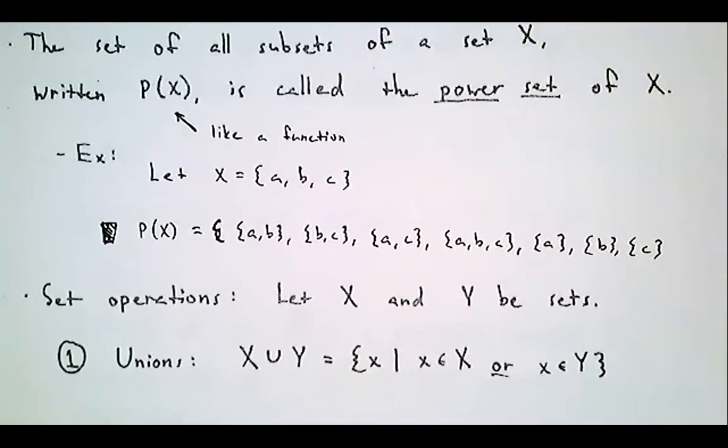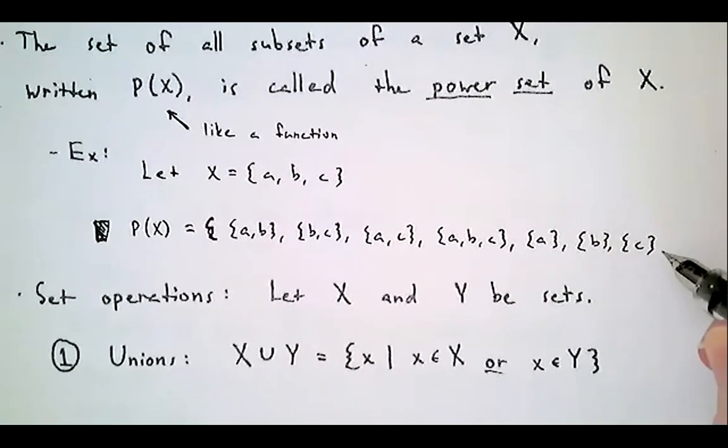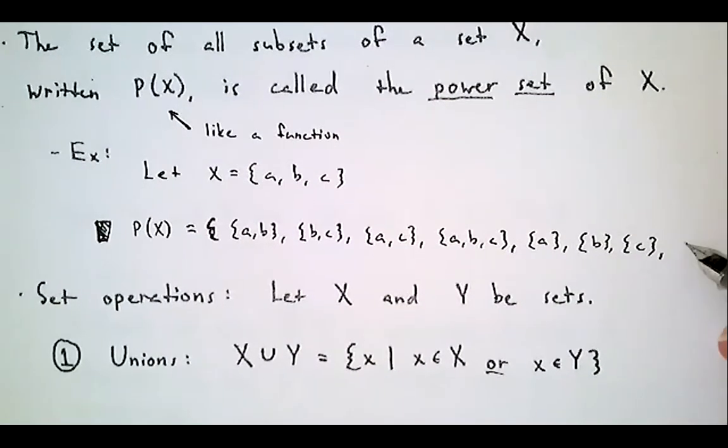Are there any more subsets? Oh, and someone typed out those single sets. So there is actually one more subset of X: one with nothing in it. That's exactly right. The empty set is also contained in this set.